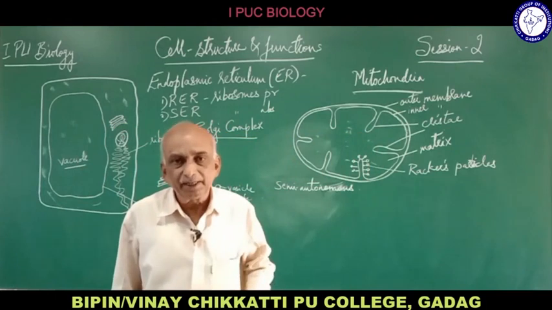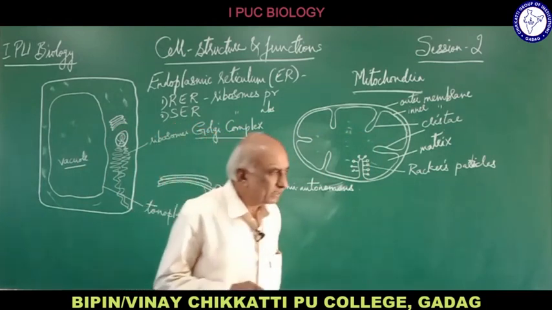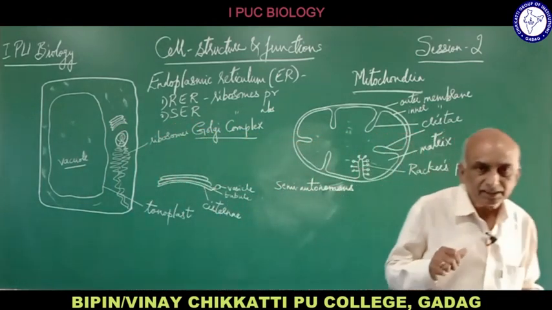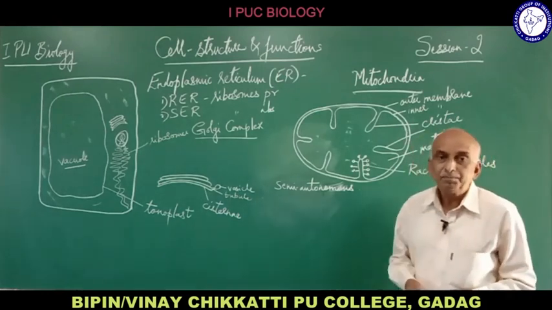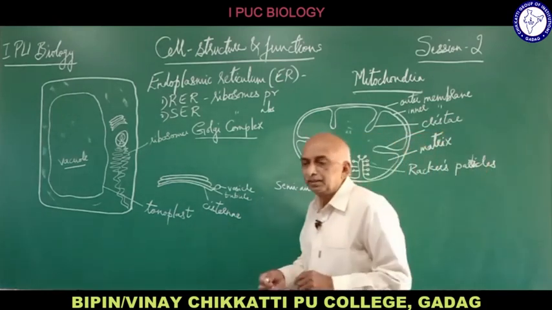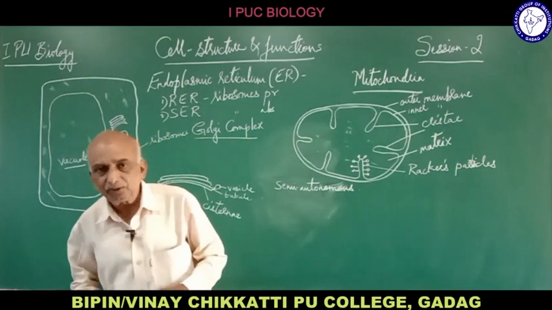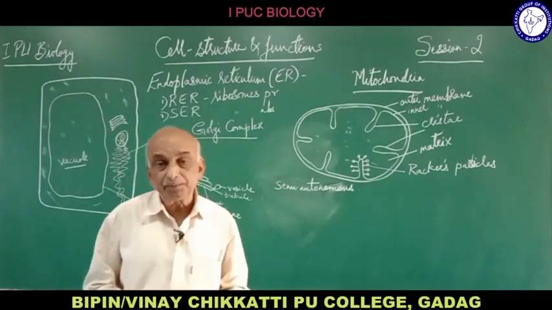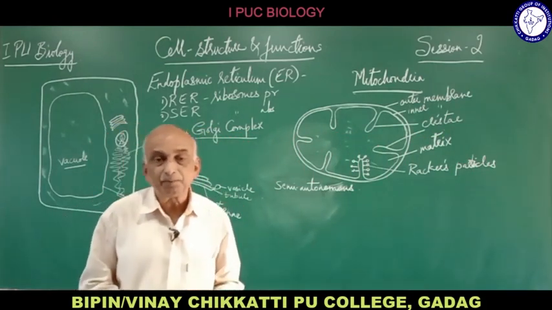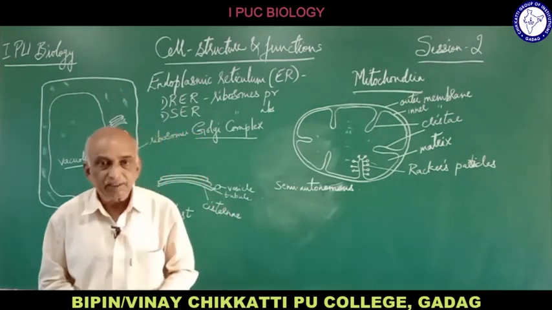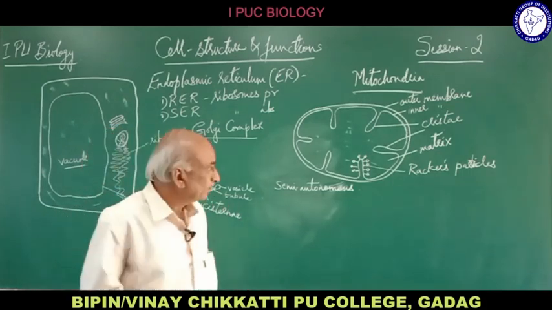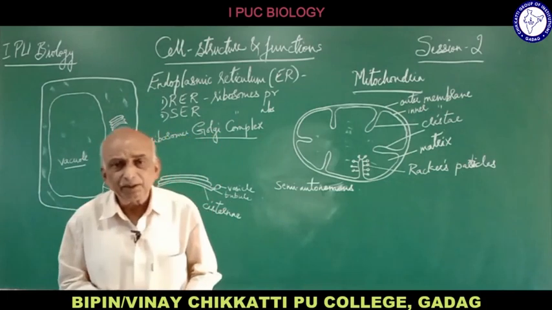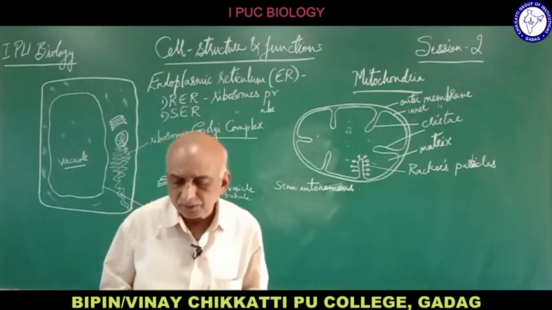So whichever part of the cell requires energy, that energy is provided by the mitochondria. In bacteria, mitochondria are absent. The function of the mitochondria is performed by mesosomes, the inner folds of the cell membrane.